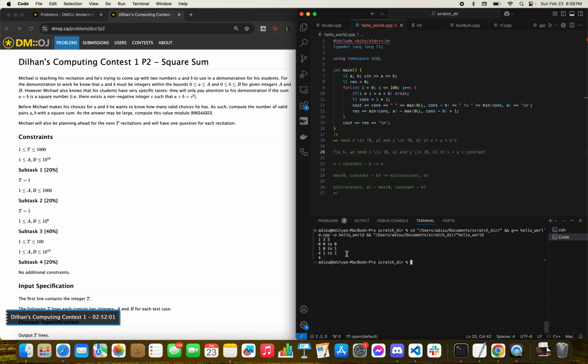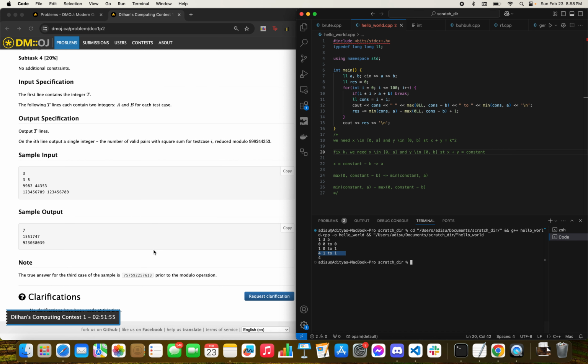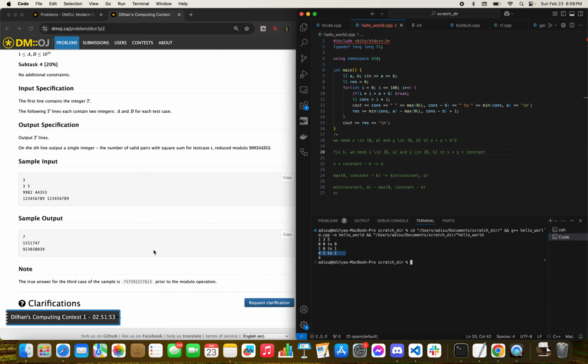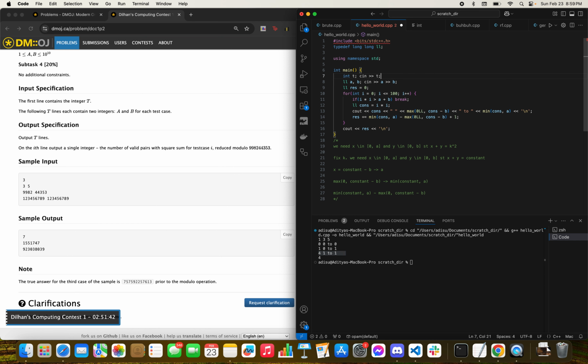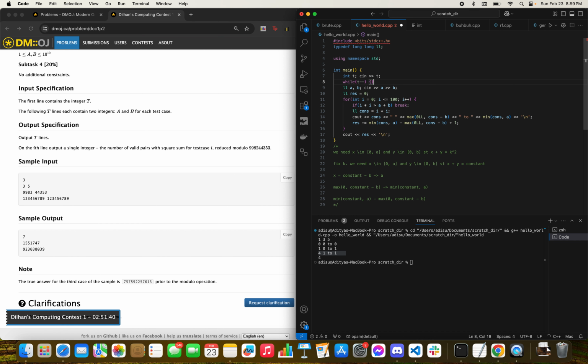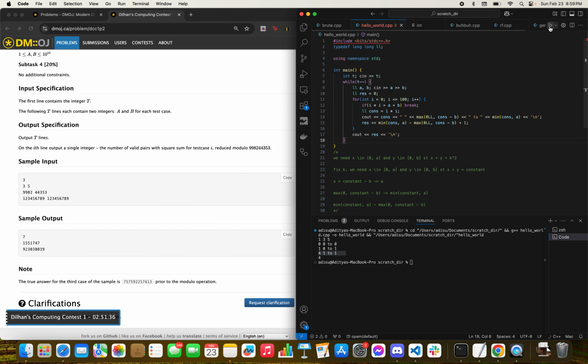I feel like this is wrong. Why is it getting this? Why is min cons a this? Oh, hold on. There's a test case thing. Okay. 1, 3, 5, 7. Okay.